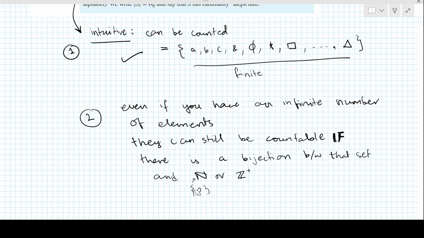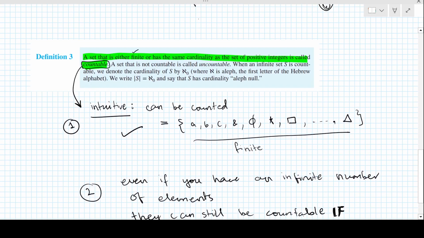So just to be safe, you could skip N and just say Z plus here, right? And this kind of cardinality has a special name, and let's see what that is.